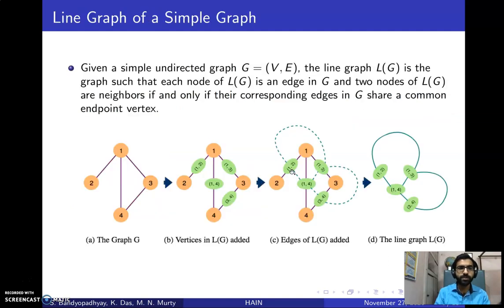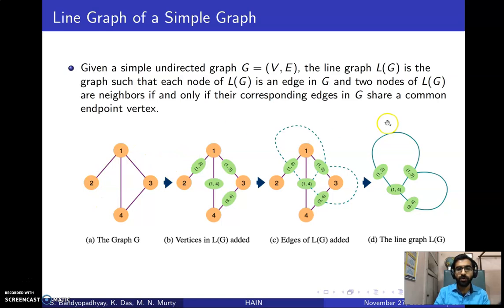So first we introduce the concept of line graph of a simple graph. Given a simple graph having 4 nodes, you can see that in the corresponding line graph, each edge of the simple graph is represented as a node. Now 2 nodes in the line graph will be connected by an edge if the corresponding 2 edges in the simple graph share a common node.